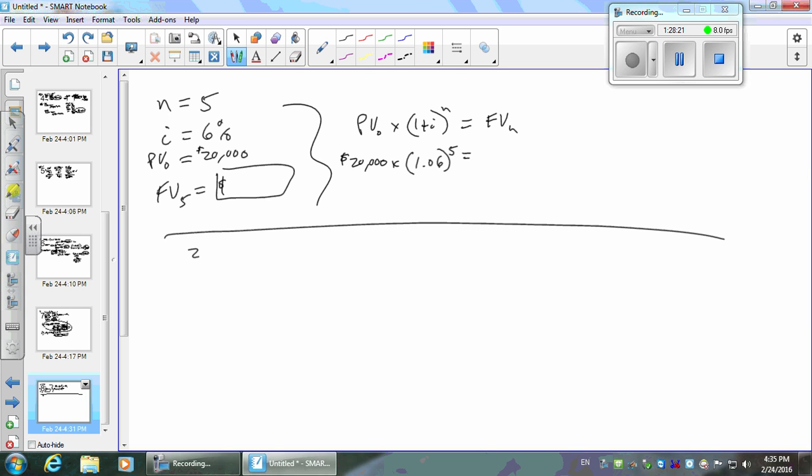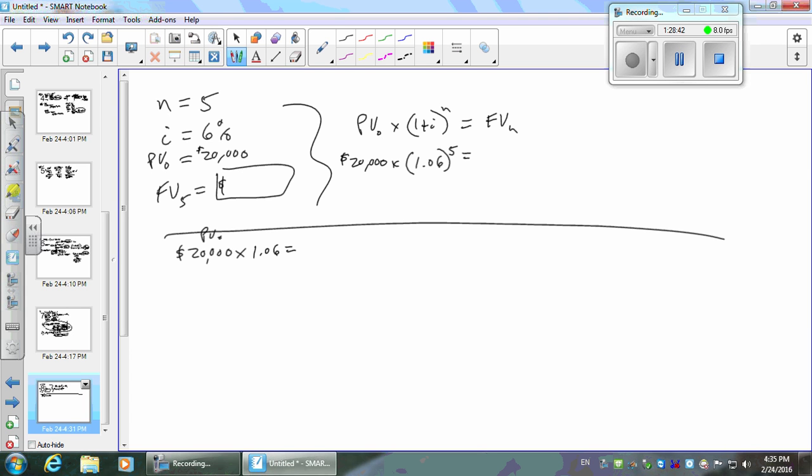If I start with 20,000 and I invested it for 1 year, so this is a present value at time 0, would you want your money back at the end of the year if you invested it? Of course, you want your 20, right? And if you're going to earn 6% interest, don't you want the 20 plus 6% interest? Of course you would. Times 1.06. You see that?